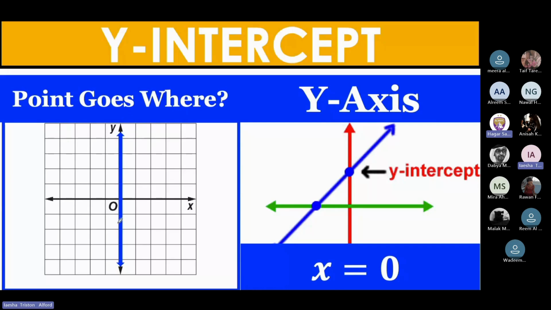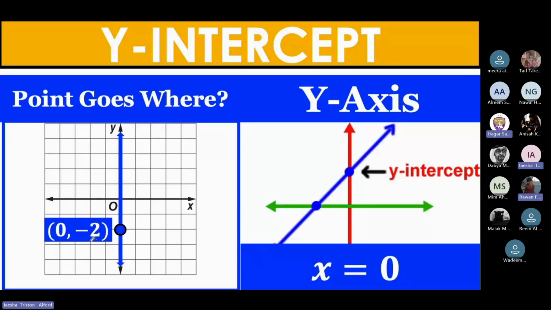Remember, it has to be on the y-axis. So it could be this point. Remember, when we write it, the x must be what number? 0. What number is the y for this point? It's 0 and what? Is it positive or negative?